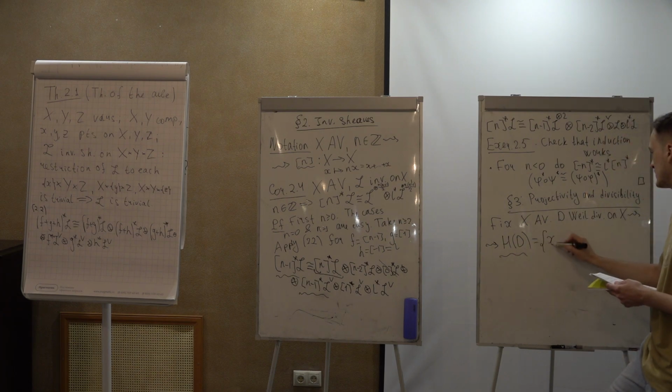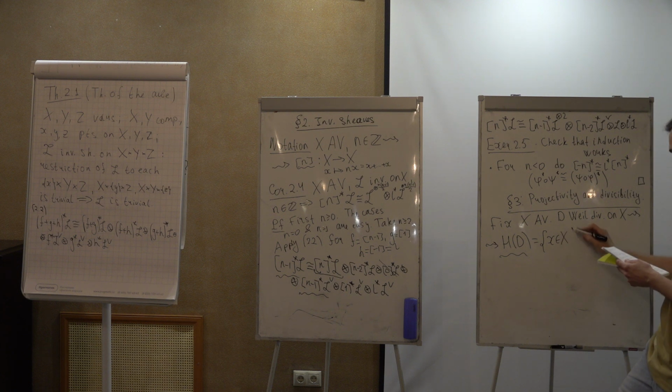Which is just the set of points x in X such that the translation of D by x is D. So this is a subset in X, and this is a closed subgroup.